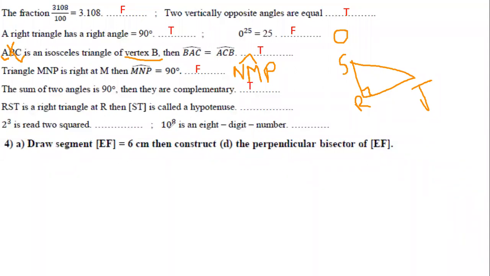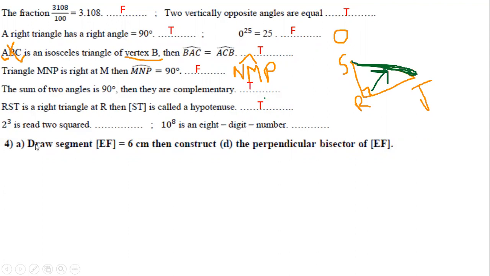Okay, he is asking you, then ST is called a hypotenuse. Side ST is called a hypotenuse, true or false? True. Why? Because the side opposite to the right angle in a right triangle, we always call it a hypotenuse. So this is true. Thank you, Hassan. So this sentence is true.